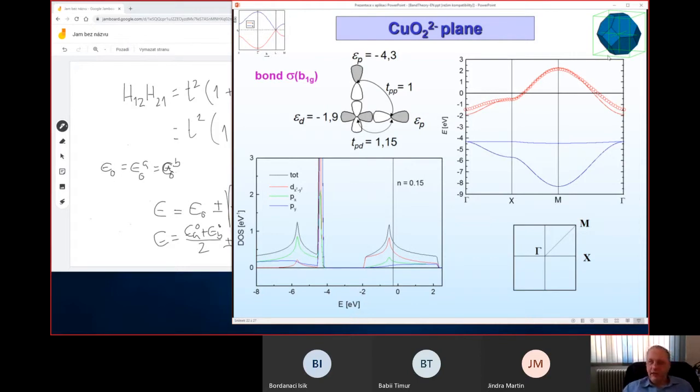For this band we obtain the most anti-bonding states at the M point, while in this band of predominantly oxygen character, this is the most bonding state at the M point. While at the gamma point we have a completely non-bonding character of all bands.